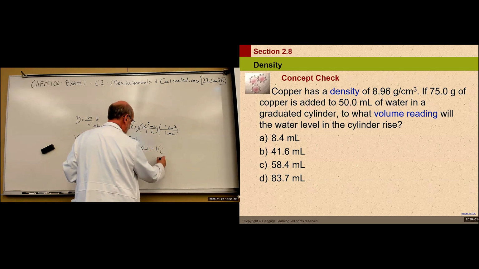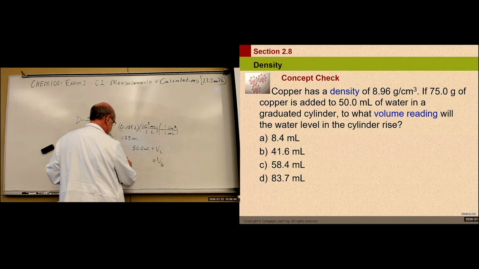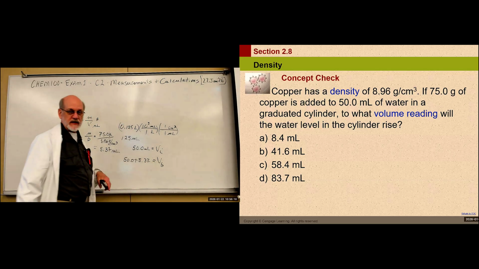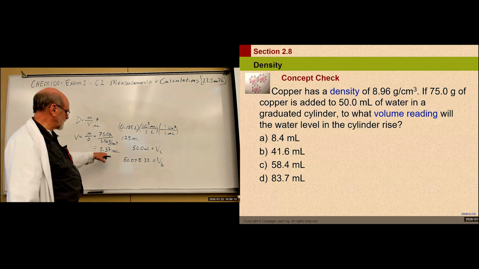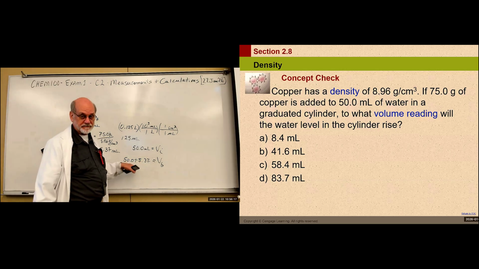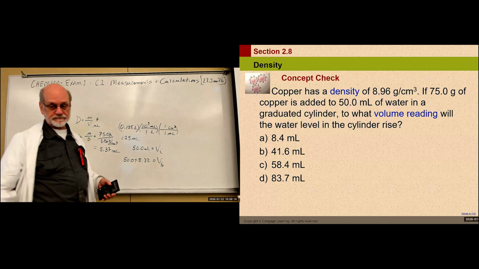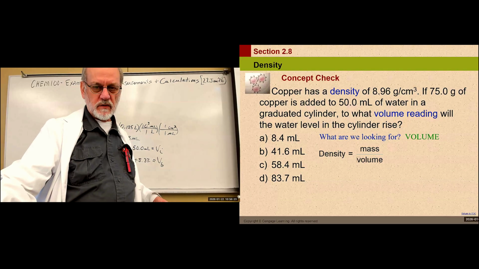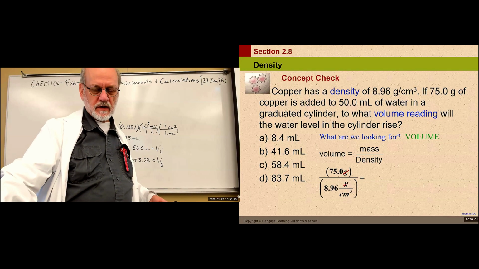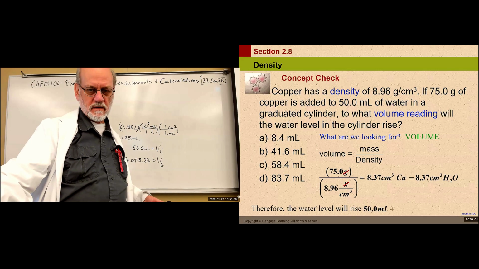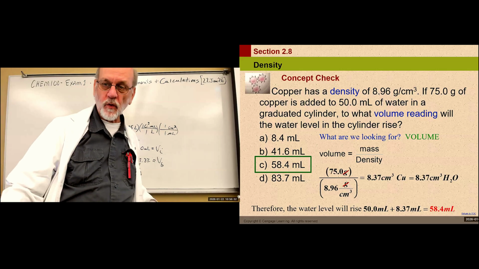We want the final volume, and that's equal to 50 plus 8.37, which is 58.37, or rounded to 3 significant figures, after we do all the calculations, 58.4 milliliters.